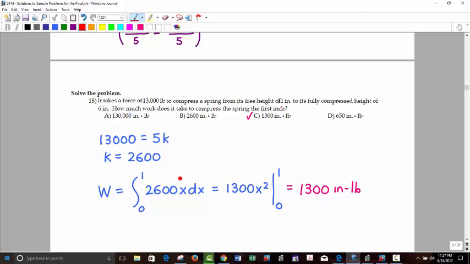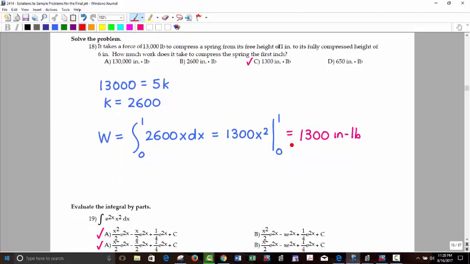Compressing the first inch would mean moving it from 0 to 1. I shouldn't say length, that's not correct, but compressing, you're moving it 1 inch. So 1300x squared, the antiderivative of 2600x, from 1 to 0 would be 1300 inch pounds are the units here.